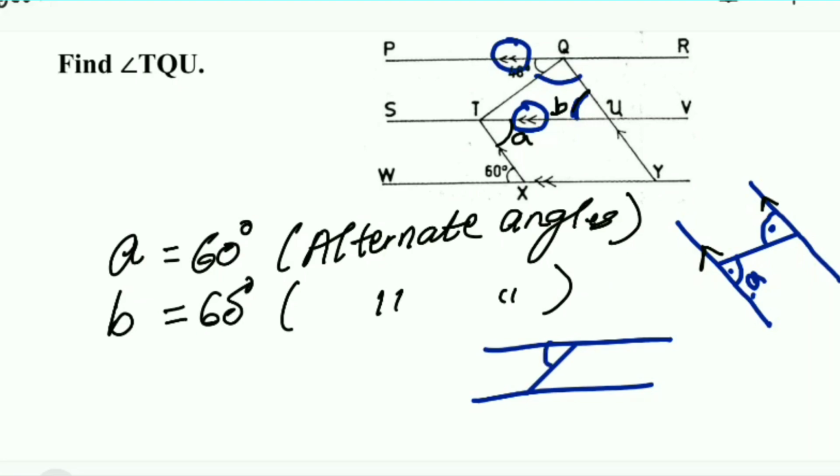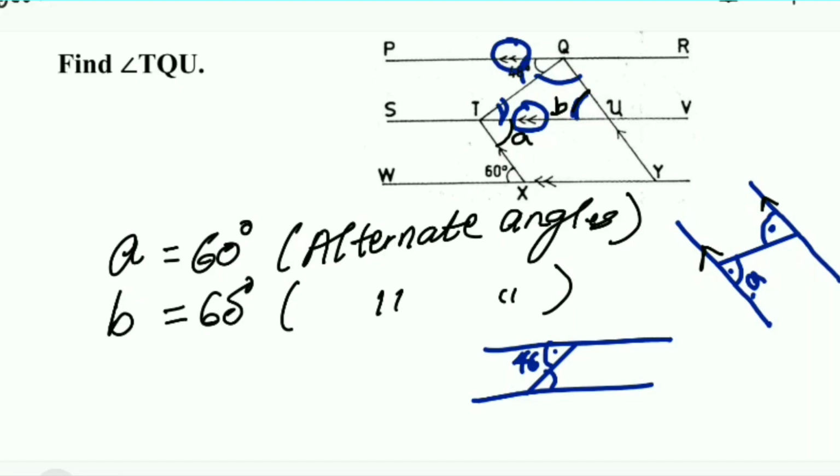This is 46 degrees. There's something common between this angle and this angle here. There is something common between this angle, I think that's 48 or so, and this angle here. What is it? They are alternate angles.